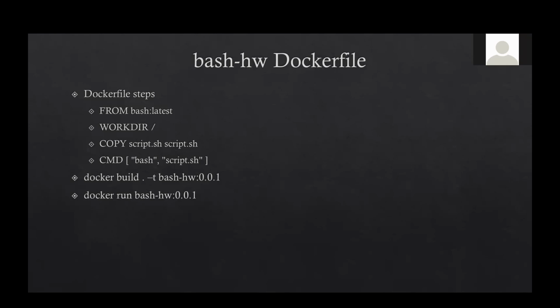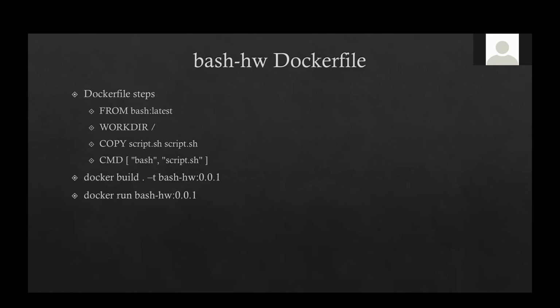CMD is the execution directive, so that's the one that is run. There is also entry point, which basically tells what's the entry point, and that can be overridden at runtime. For our purposes, CMD works fine. We are saying use bash to run this script, and that script is probably going to print something, right? Docker build, this command basically builds your Docker image.